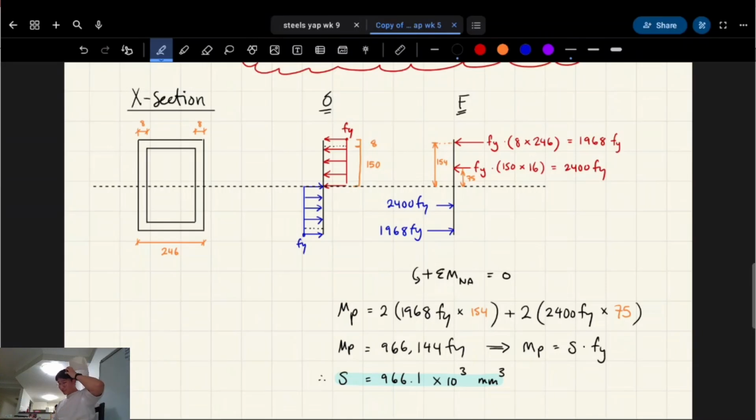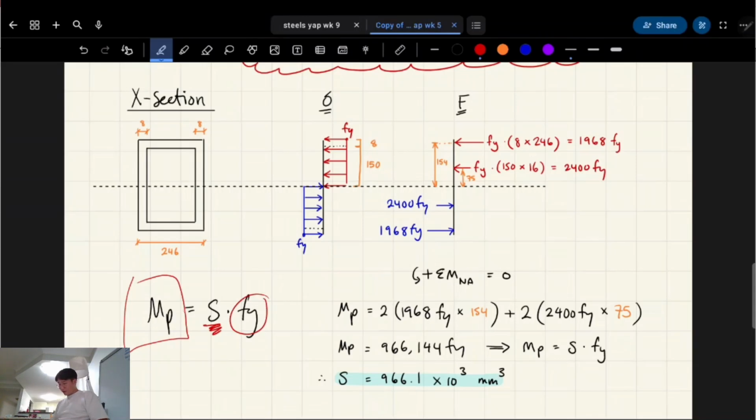The idea is force times area: your plastic moment, the moment couple, is equal to the plastic section modulus multiplied by Fy. So if we're looking for this number, we first have to find what Mp is and divide out the strength.